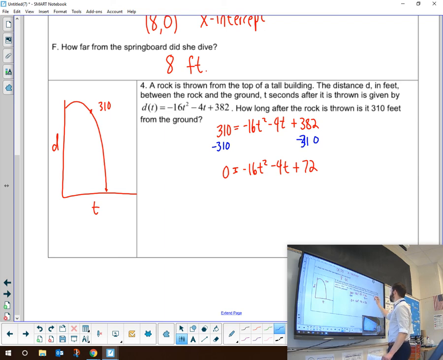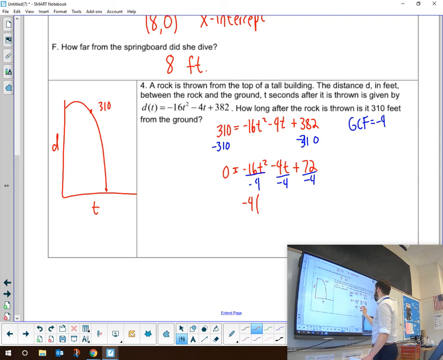So we're going to divide this one by negative 4, this one by negative 4, this one by negative 4. So we'll have a negative 4 out in front times 4t squared plus t minus 18, since 72 divided by negative 4 is negative 18.